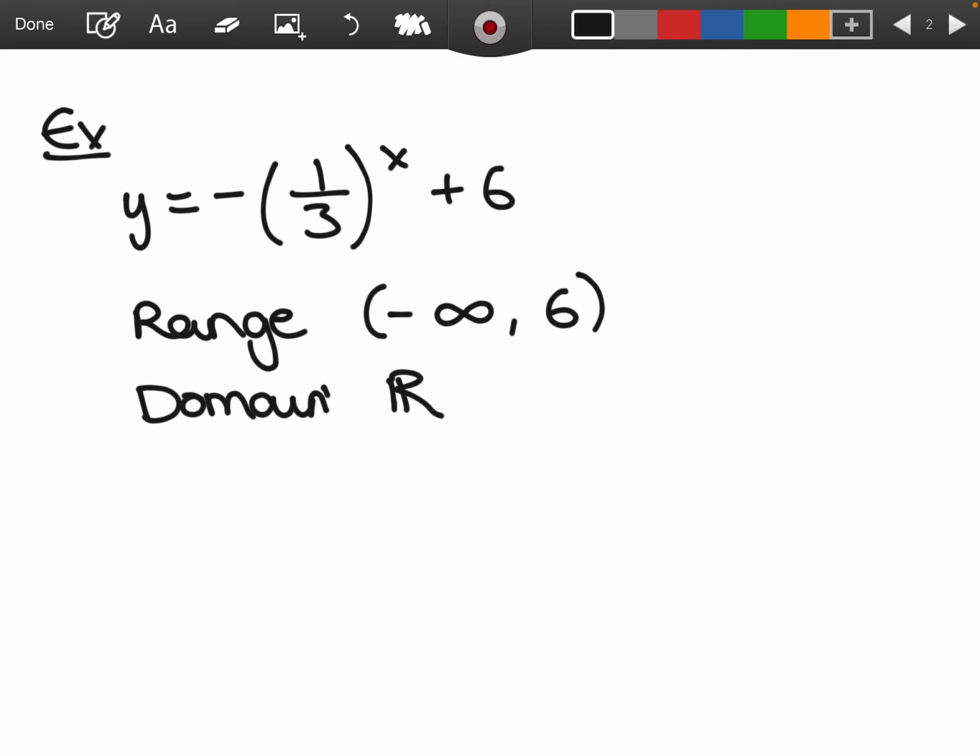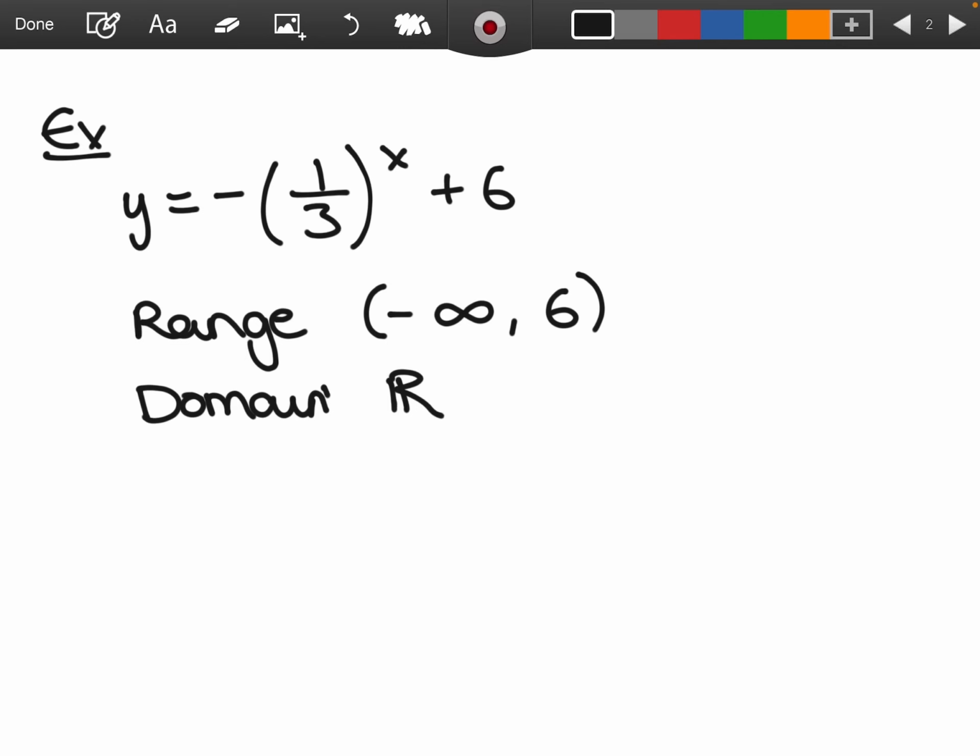Kind of leading off of this, given y is equal to b times a to the x plus c, how do I find the equation of the horizontal asymptote? It's always at that y is equal to c value. Whatever c is, that's where that asymptote is. It doesn't matter if a is between 0 and 1 or if a is greater than 1. It doesn't matter if you've got a negative in front of a to the x.